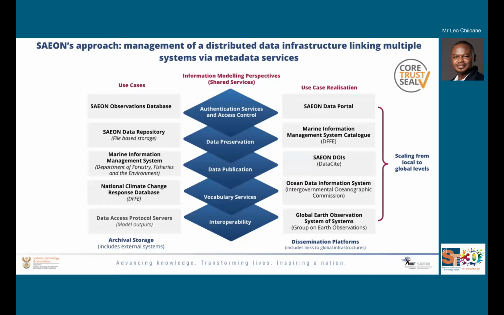And all of this infrastructure is actually certified. What that means is that there has been an independent audit that has looked at the organizational processes and the data management procedures used, and certified us as trustworthy.